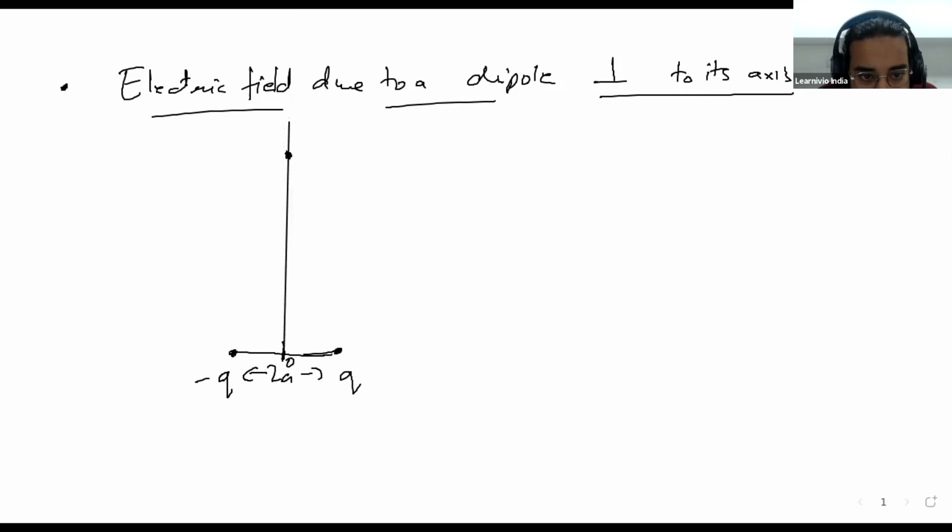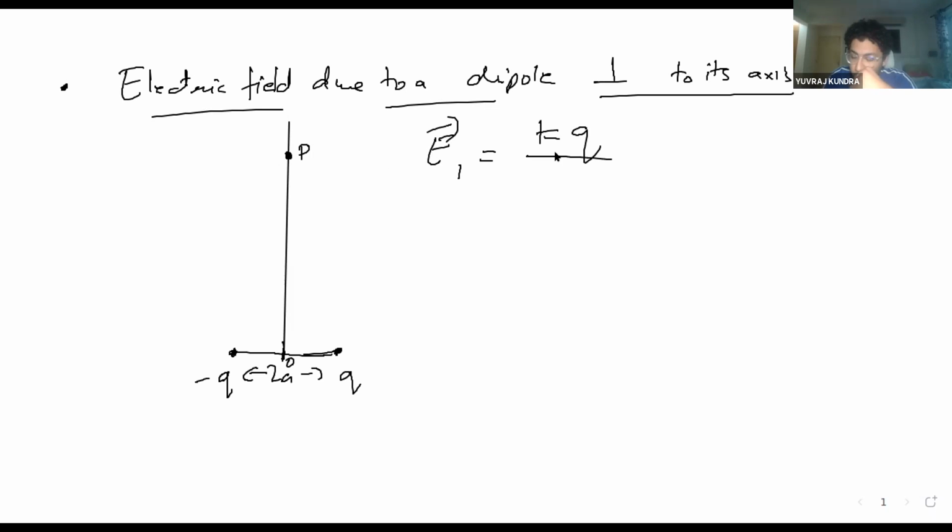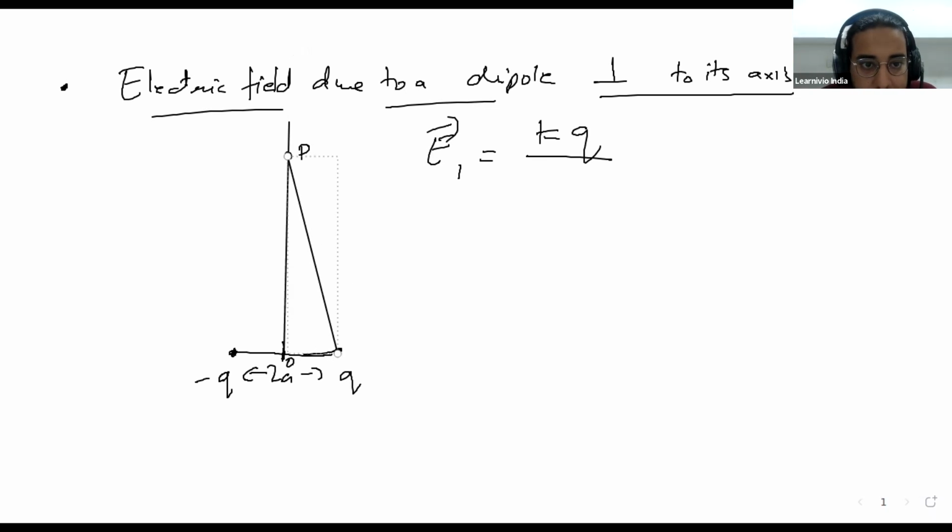So let's say we're here at this point P. At this point P, what is the electric field because of these two charges? Well, it will just be the sum of the two electric fields, right? So what's the first electric field going to be? Well, it's just going to be K times Q divided by the distance between P and Q squared.